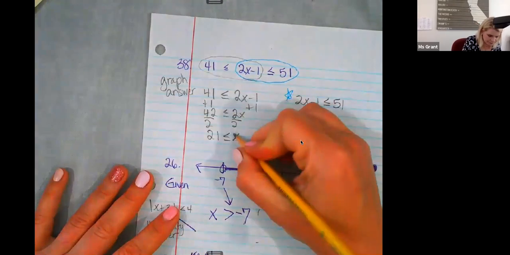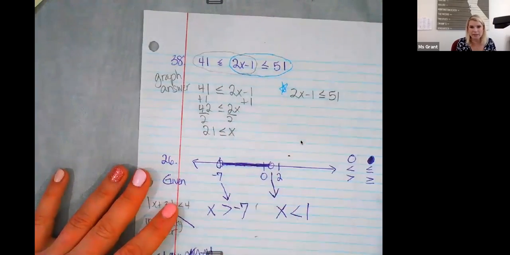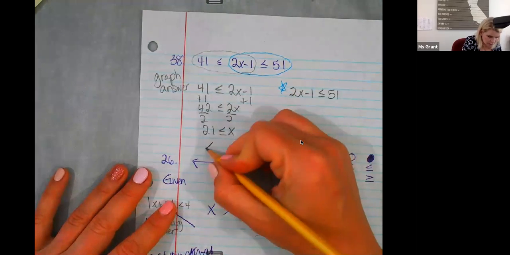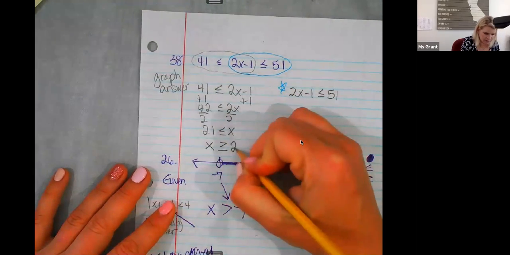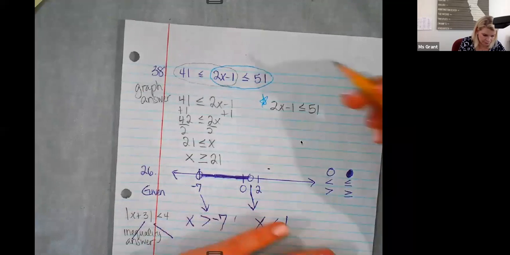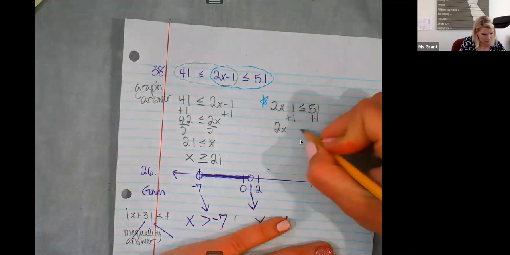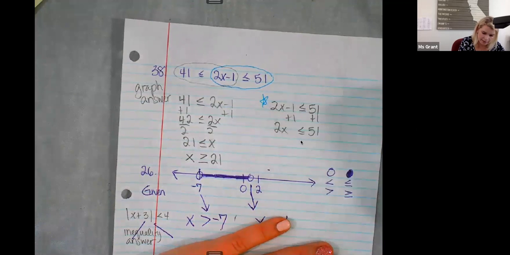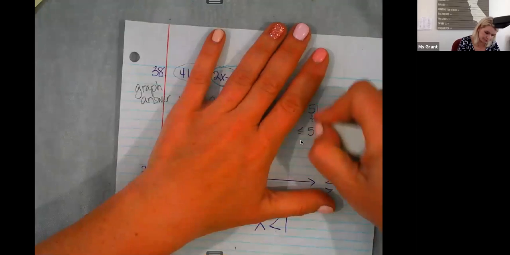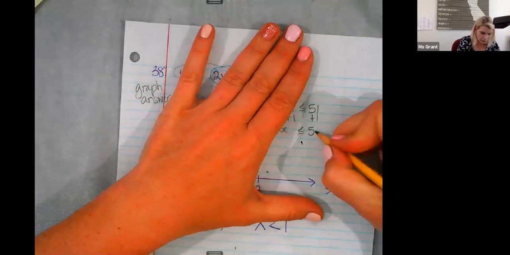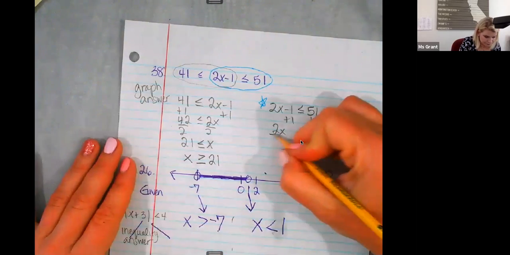Okay, but obviously it's backwards, so I'm going to do, flipping it gives me that. Then I add 1 to both sides. Okay, it's 52, not 51. Divide by 2.